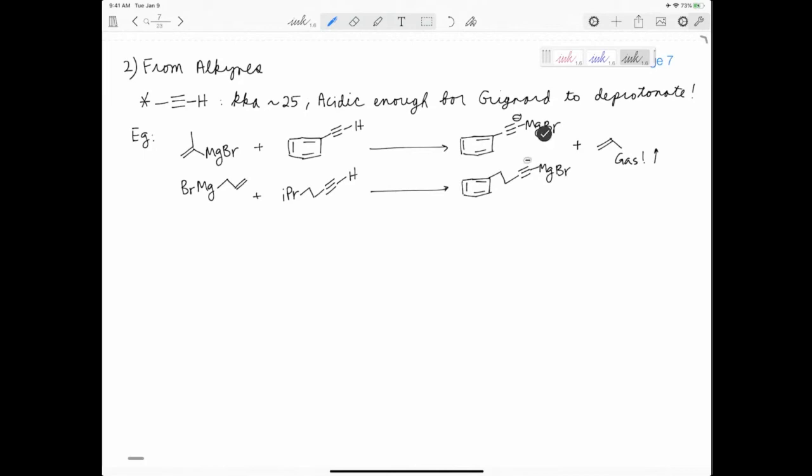Negative charge here, positive charge, plus whatever is remaining here. So yeah, it's the same thing.